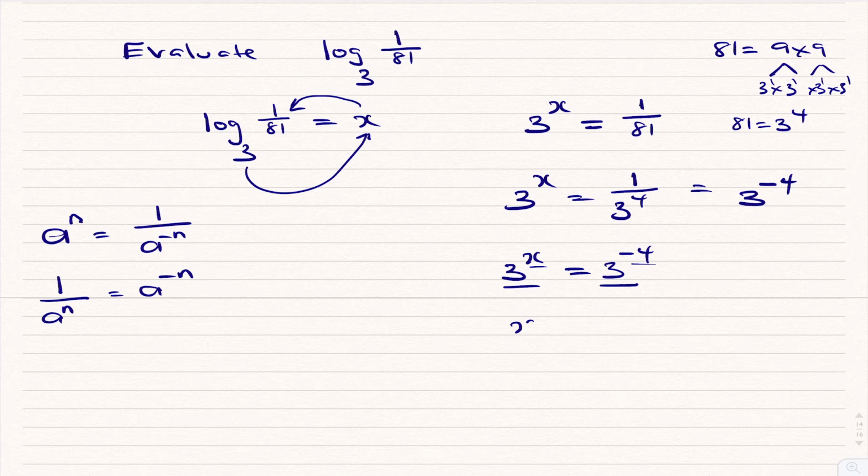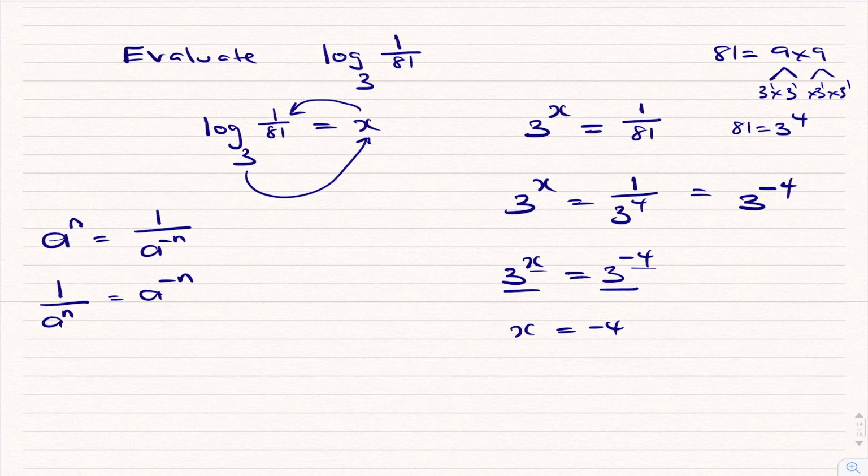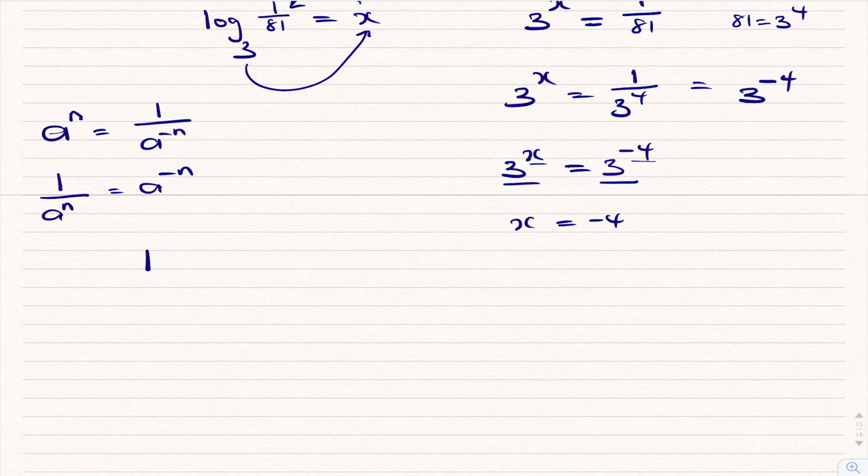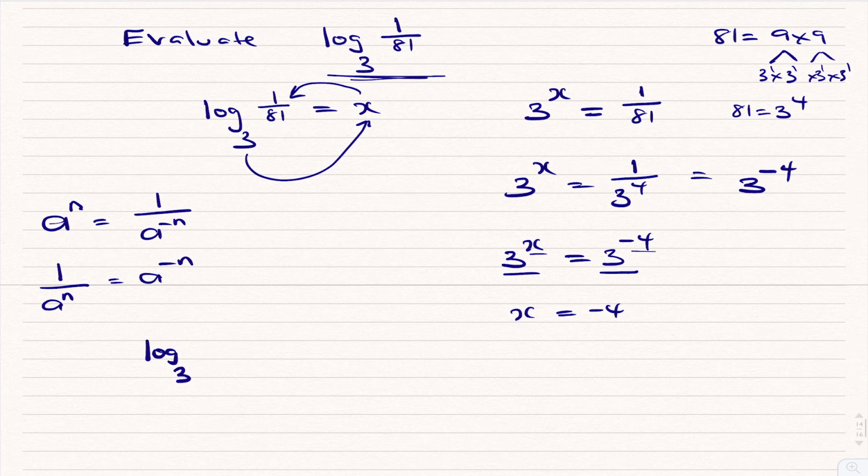So therefore, x equals minus 4. So I'm going to take that minus 4 and put it back into the original evaluation. So I get log of base 3, level 1 over 81, equals minus 4. So that's the answer, minus 4.